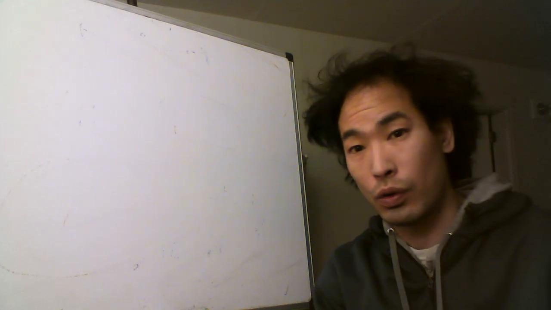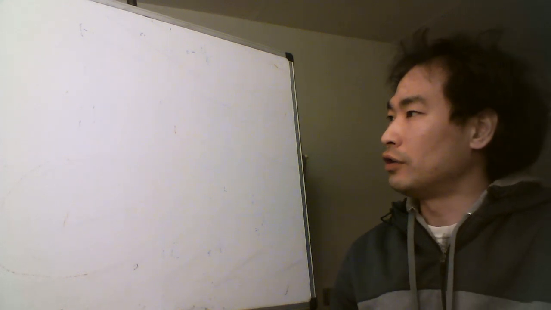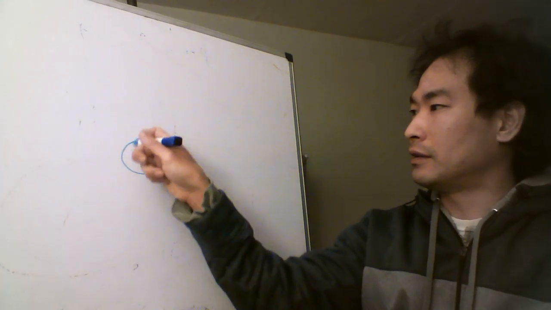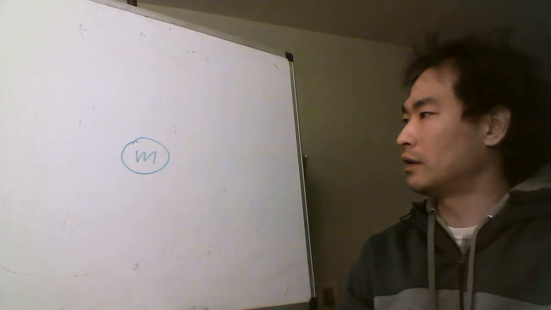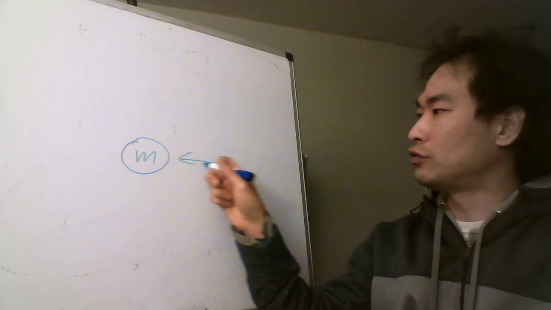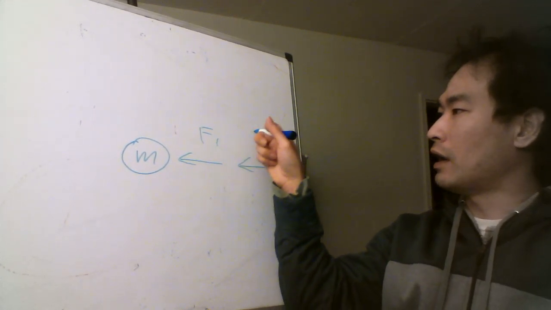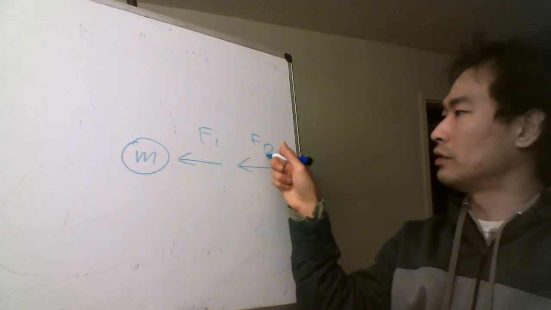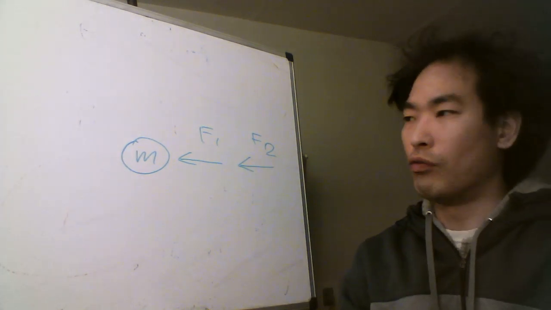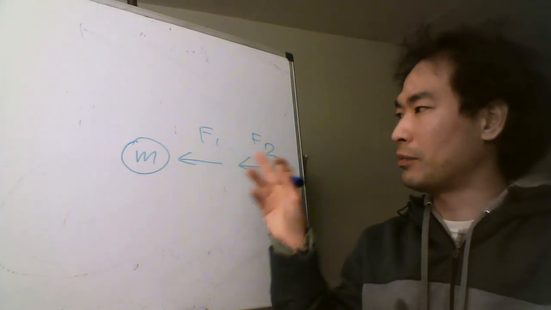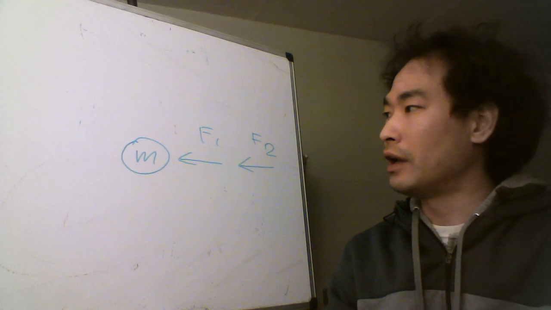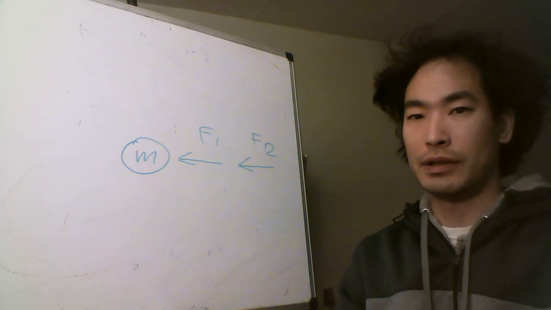No. Why? Because you have a body, M. If there's two different forces, F1 and F2, they're both pushing. One person is pushing your back, another person is pushing your back too. Then you will have to add up.